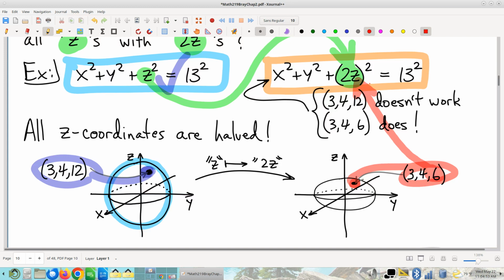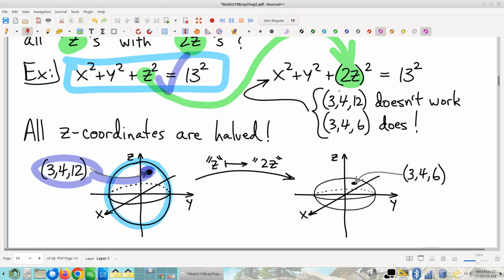So said differently, because I knew there was going to be a multiplication by 2 that happened as a result of the replacement, I needed to prepare for that. I needed to account for that by dividing the z-coordinate of the point by 2. Plausible? Okay, so what we have is an answer, in fact.